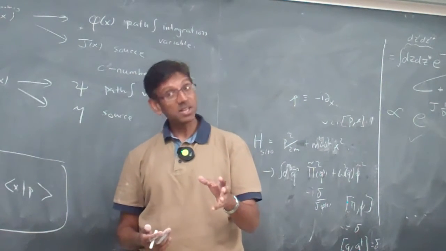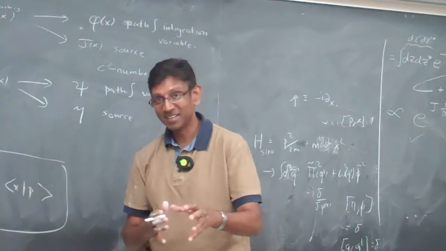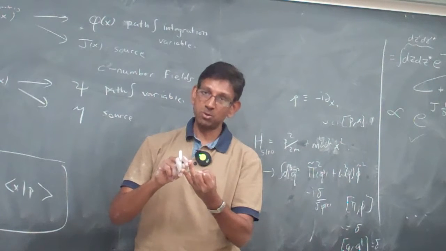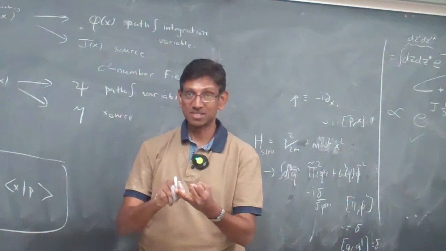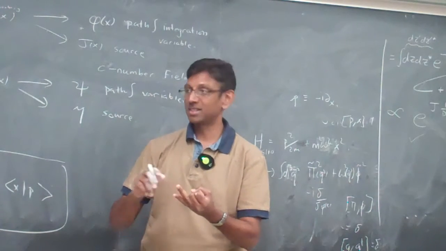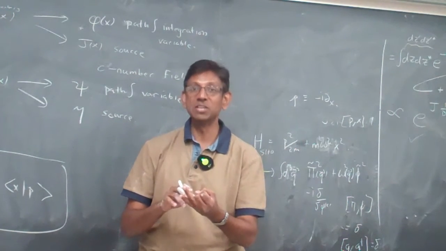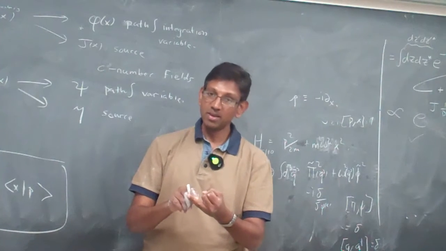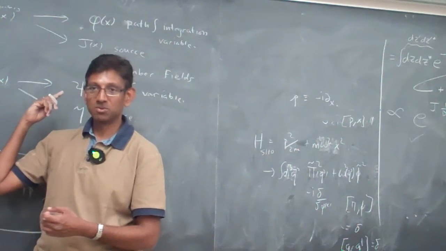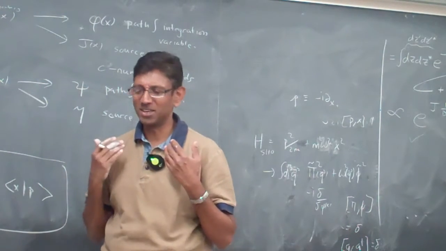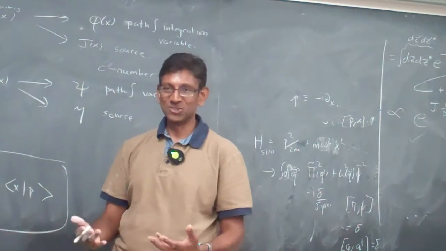And yet, problems like that can be converted, A, through the analogy between statistical mechanics and particle physics, or quantum field theory, that hopefully Rashmi mentioned to you, and B, by the lowbrow version of what I'm about to show you.